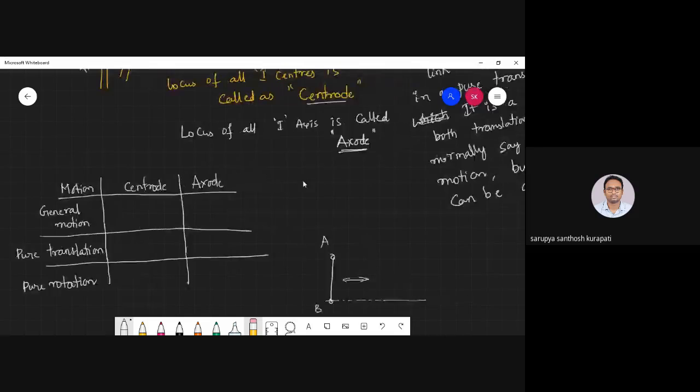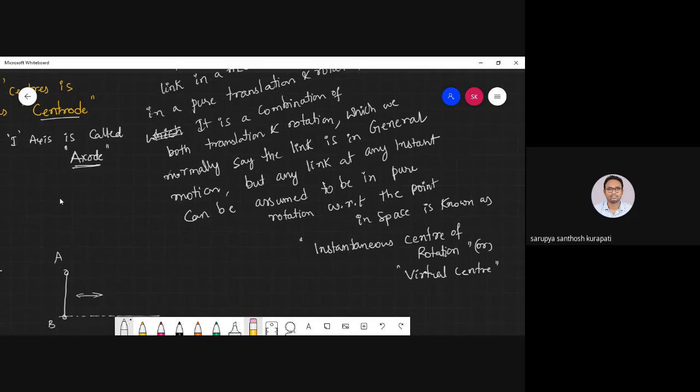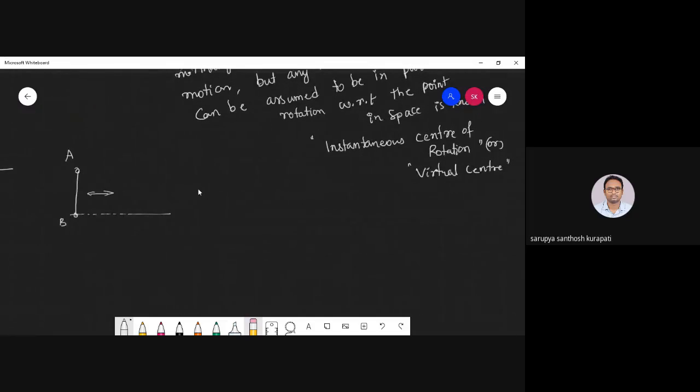Whatever may be the link, if it is in general motion, that means it is in translation and rotation both, any link can be assumed to be in pure rotation with respect to a point in space. Now just tell me, can you define a straight line?